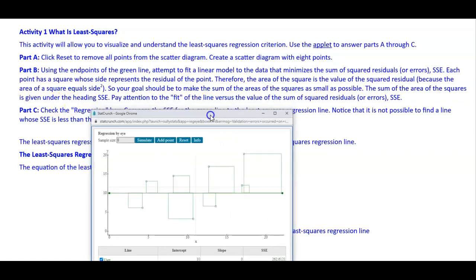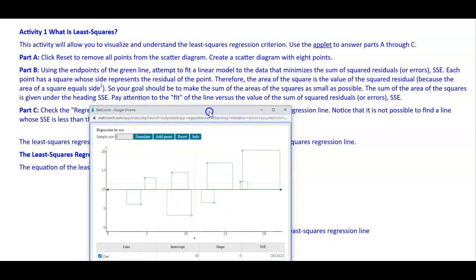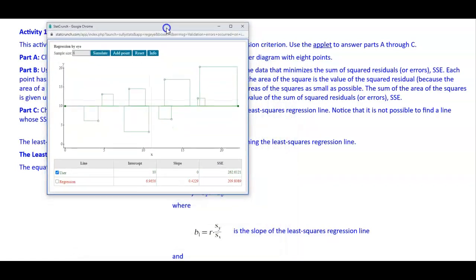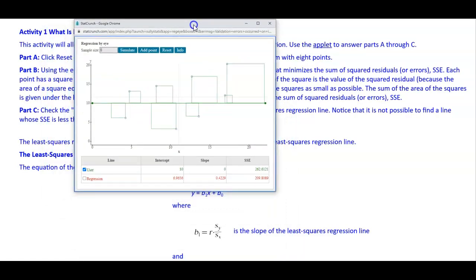So pay attention to the fit of the line versus the value of the sum of the squared residuals, or errors, which is SSE. So here is the green line. I'm going to take this line and create sort of a line that best fits. So I'm going to take this endpoint.